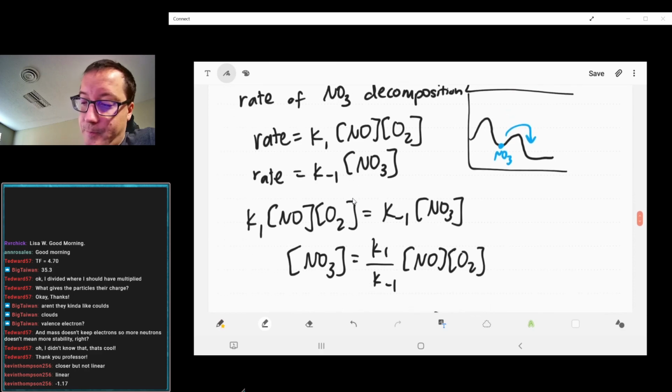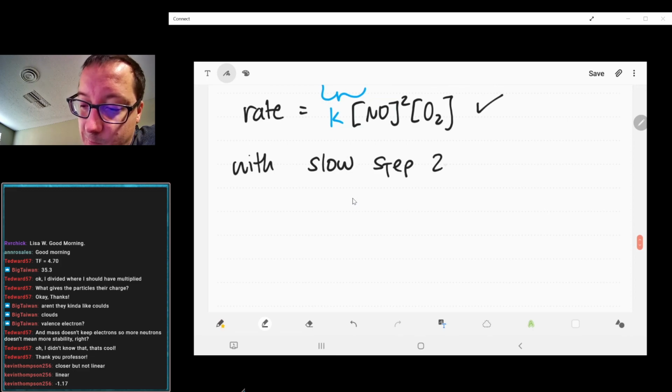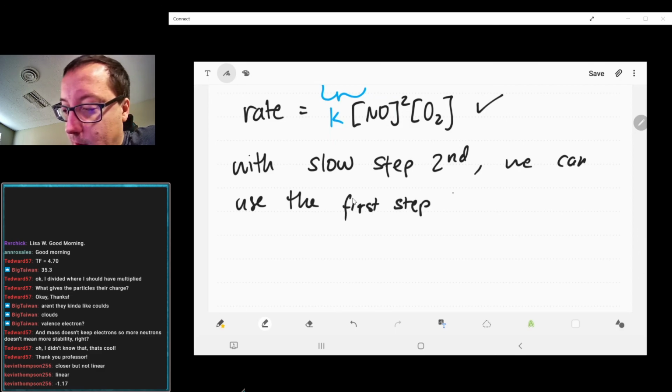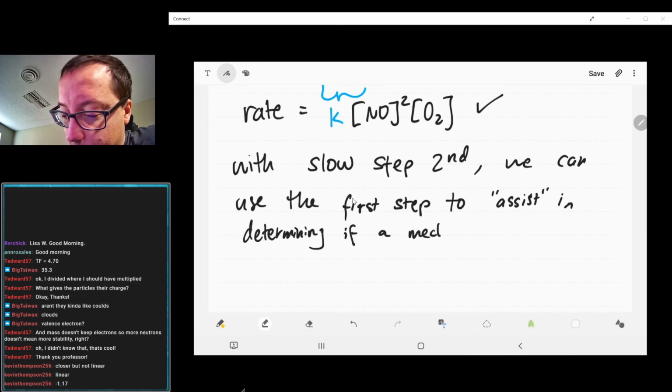So with the slow step second, we can use the first step to assist in determining if a mechanism is possible.